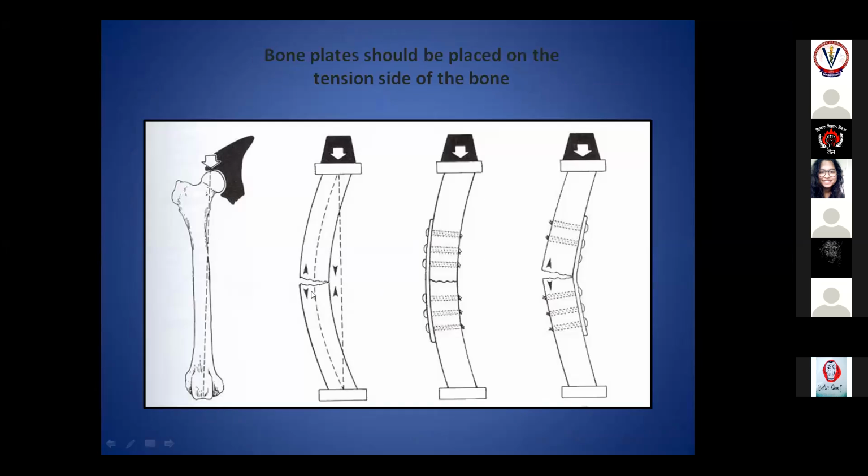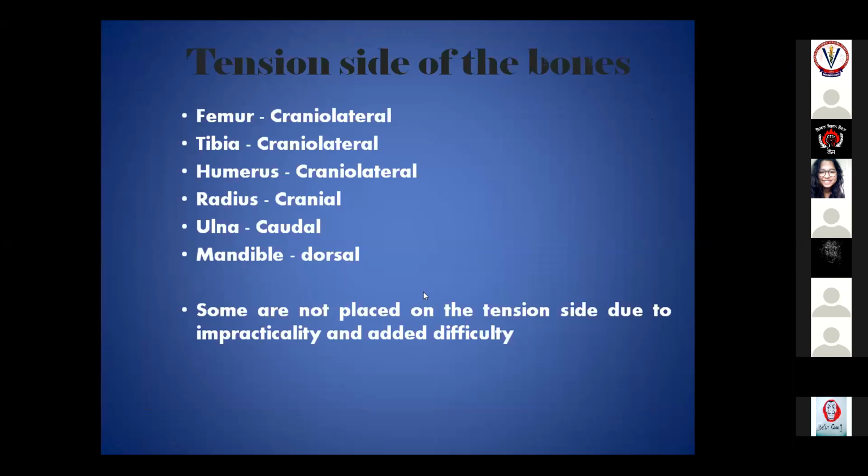One is the tension surface, the other is the compression surface. The plate should always be placed on the tension surface of the bone. Never place a plate on the concave surface or compression surface, otherwise it will result in bending. See here, the plate is bent after the fixation, which is a failure of the implant. If you put it on the tension surface, it will never bend.